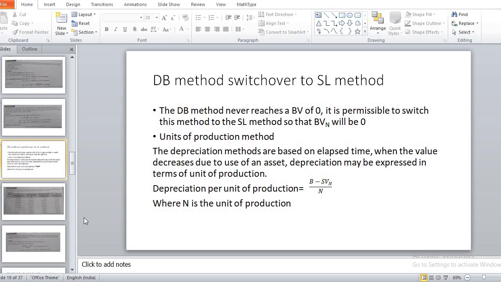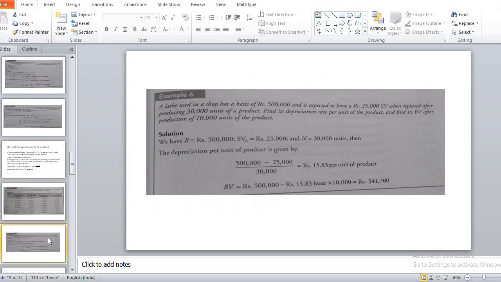We go through one numerical of this. It is very similar to the straight line method formula, but the only change is that instead of calculating depreciation value per year, we calculate the depreciation value per number of products, per product lot.